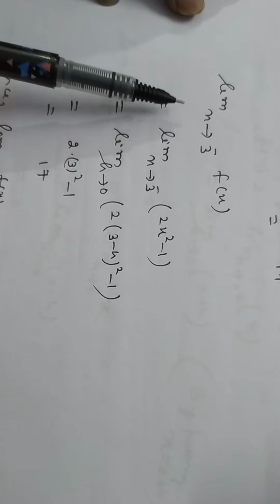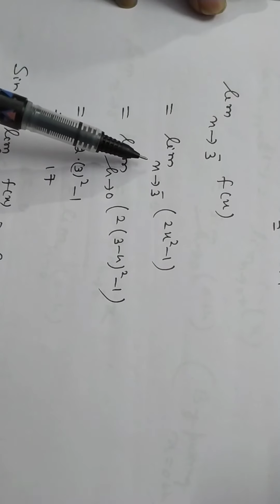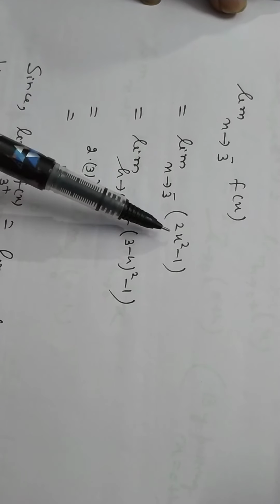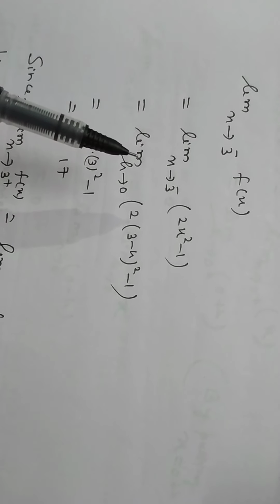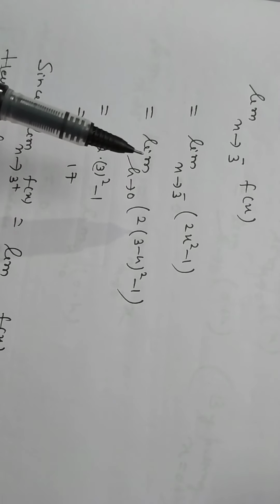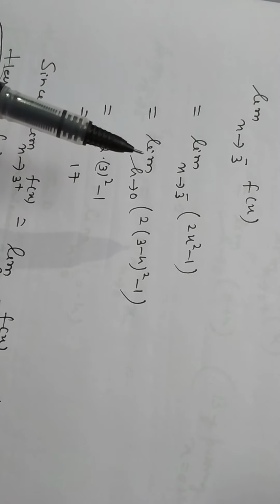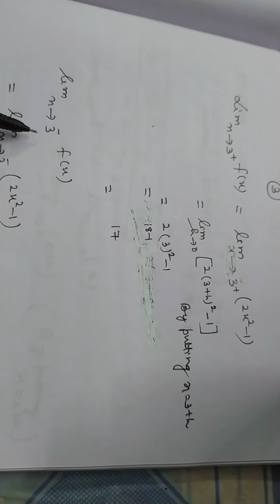Now, what about the left hand side limit? Limit x tends to 3 minus f(x) is equal to limit x tends to 3 minus of 2x² − 1. So now we want to find the left hand side limit, so we put 3 − h instead of x. I have already told you, when we come to any point considering values less than that point, this is known as the left hand side limit.